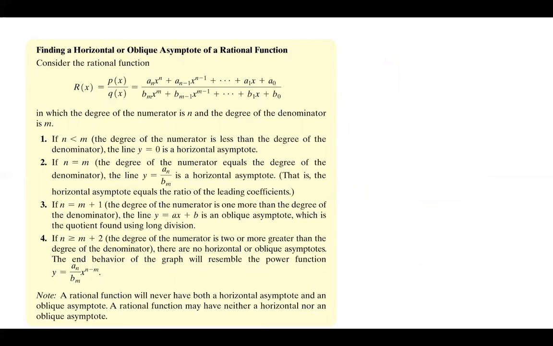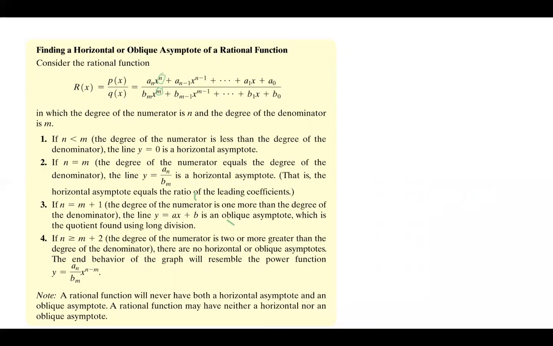Now, whenever you have a polynomial over a polynomial, there's really 3 things that can happen, but I guess possibly 4 things that can happen. Your degree of your numerator might be less than the degree of your denominator. Remember, the degree is the leading term's degree. If it has a degree that's less than the denominator, then you automatically know that it has a horizontal asymptote at y equals 0.